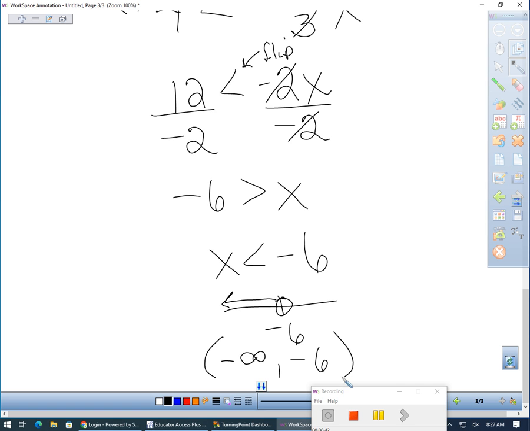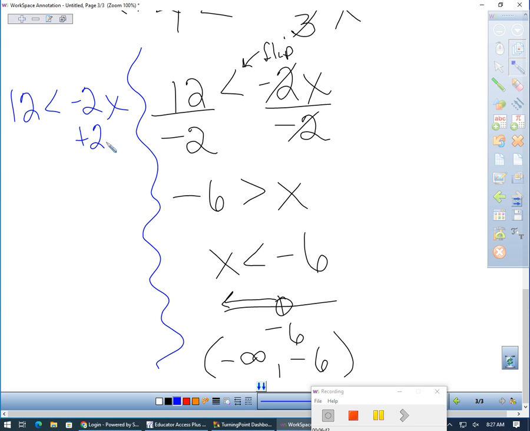Now, real quick, I want to point out something. If we go back up to here, you don't have to write this down, but I just want to say there's another possibility here. Here where I had 12 is less than negative 2x, if I wanted to move my 2x to the other side, I could add it to the other side, right? Add 2x to this side.